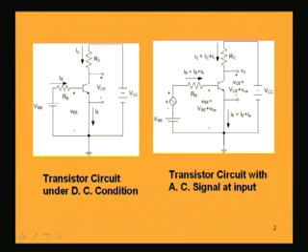Similarly, the collector current will be capital IC plus small ic. The instantaneous current in the collector will be capital IC plus small ic, capital IC being the DC component and small ic being the AC component. Similarly, in the emitter we have capital IE plus small ie.